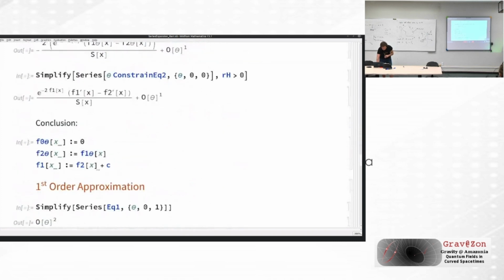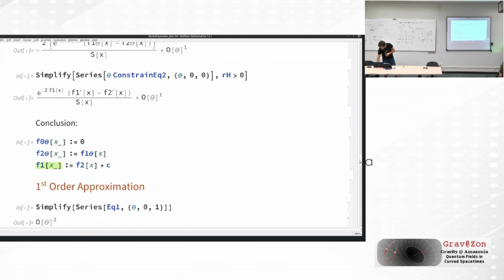For the zeroth, you have that the derivative in theta of the f0 function is equal to 0. The derivative of f2 must be equal to the derivative of f1, but on the first order equation we'll see that will be 0. And then here we have again the conical singularity. So f1 must be equal to f2 plus a constant, but since you don't want to have conical singularities, that constant will be 0.